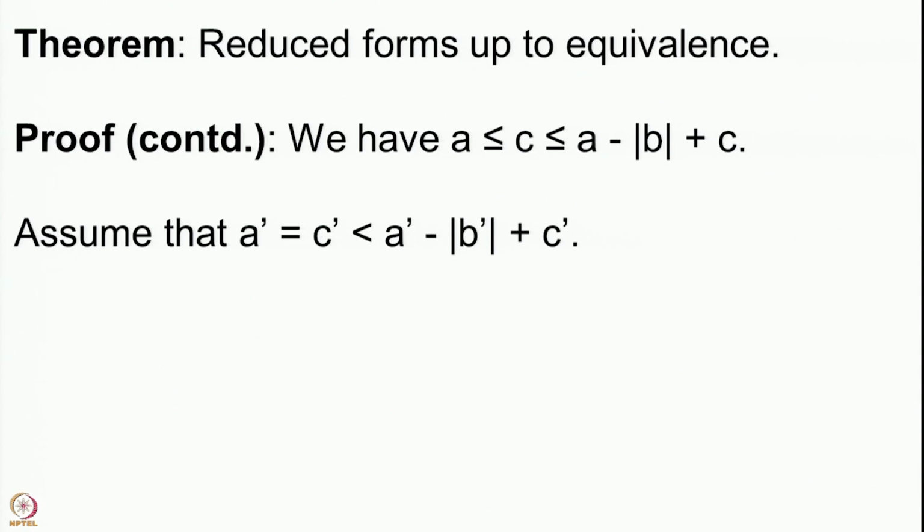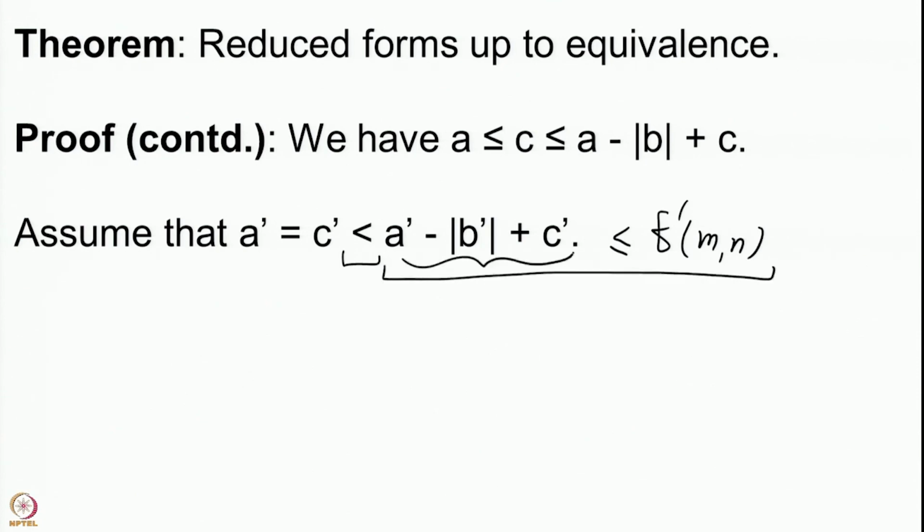The reason for having the strict inequality here at the moment is that we know that whenever we have any two integers m comma n such that none of them is 0, then the value taken by f prime at m, n is at least this.